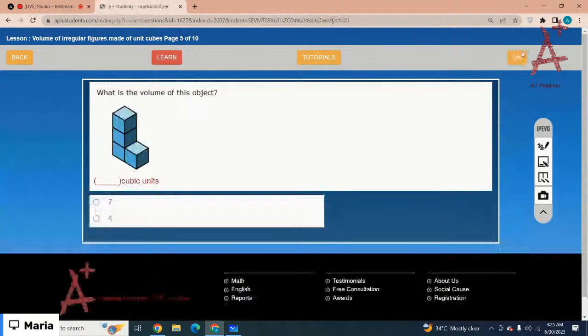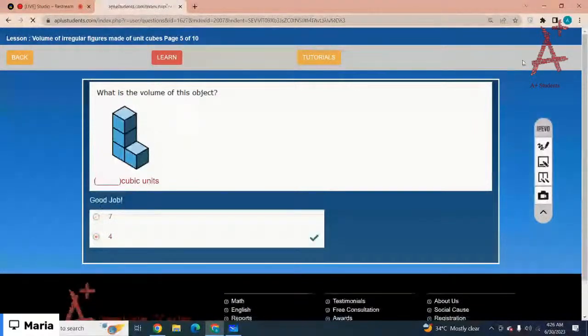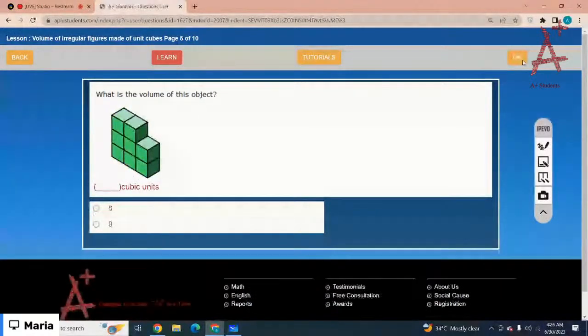What is the volume of the object? How many squares can you see? 4. So the volume is 4. What is the volume of the object?